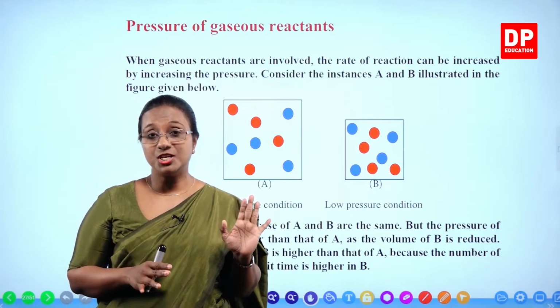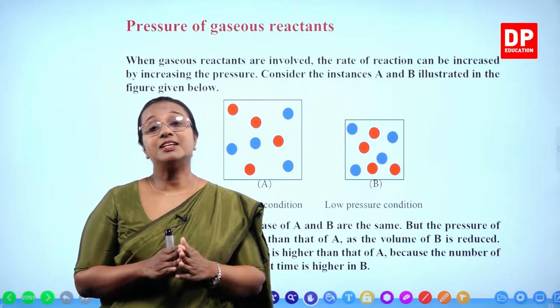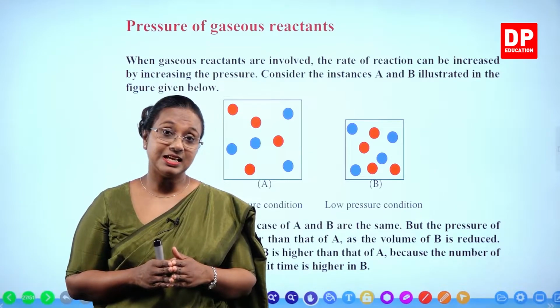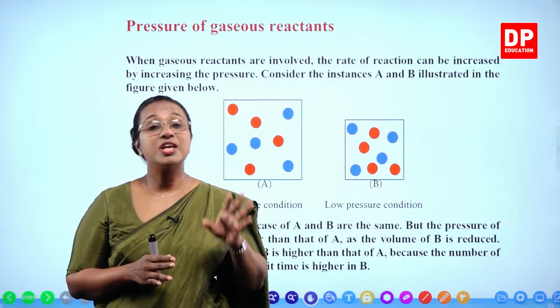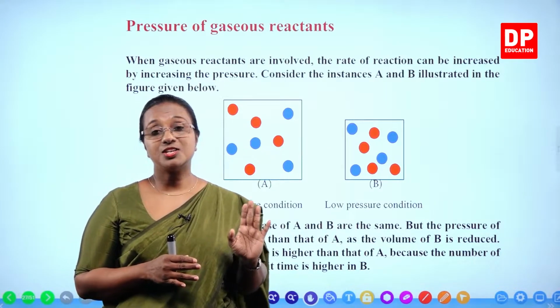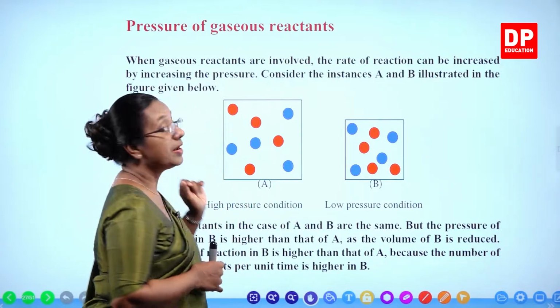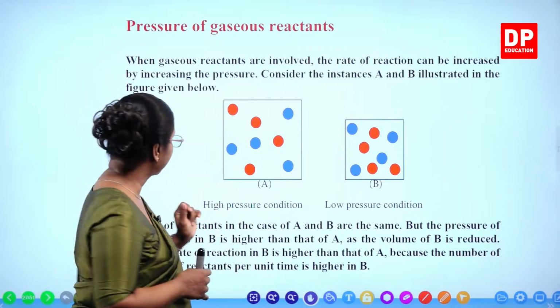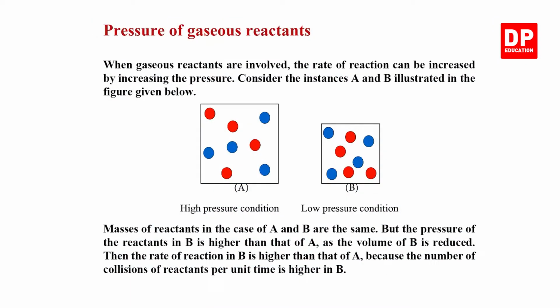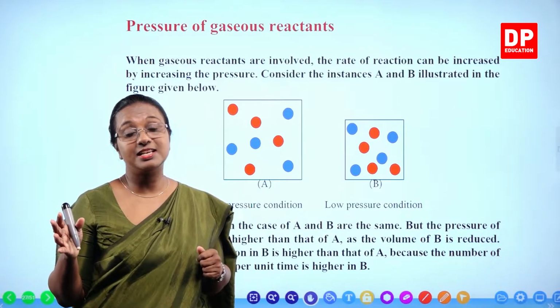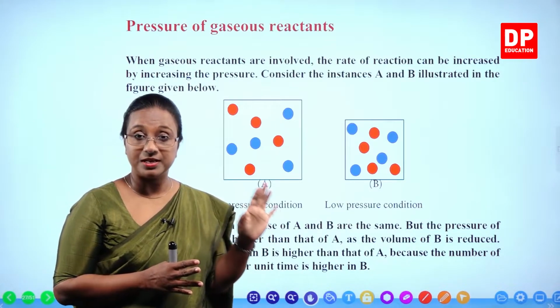I mentioned that when the reactants are in the gaseous state, then instead of concentration, we consider the pressure of gaseous reactants. This is again similar to concentration. Concentration for solutions, and if the reactants are in the gaseous state, then we consider their pressure.